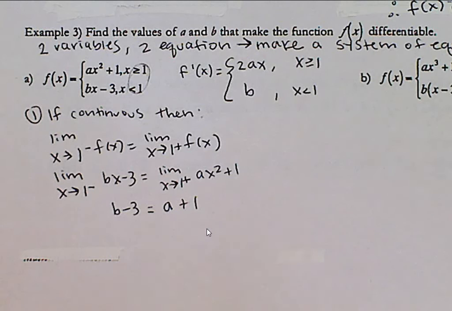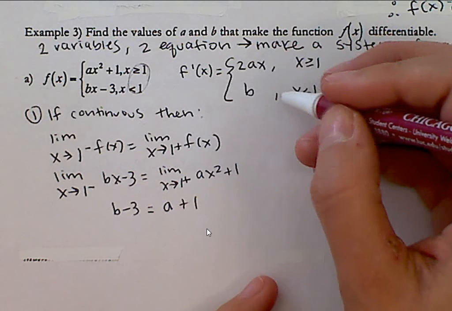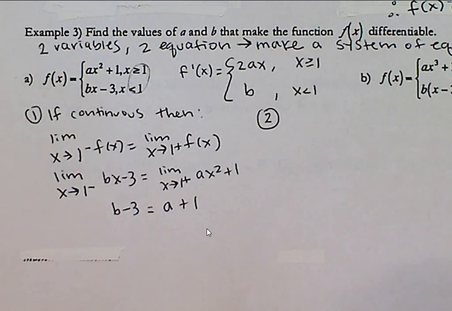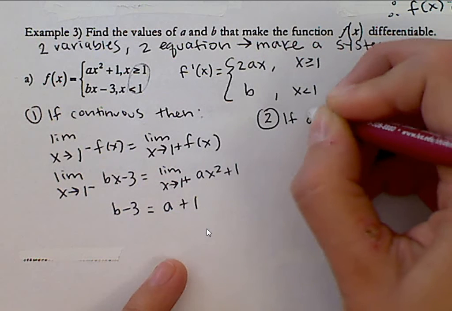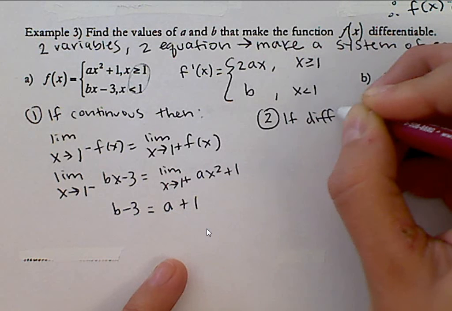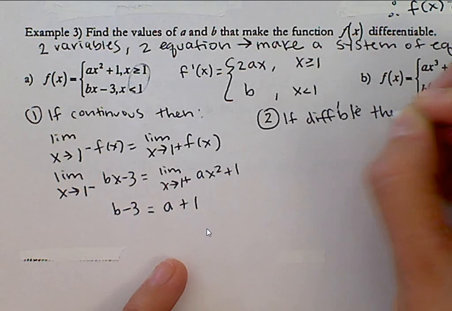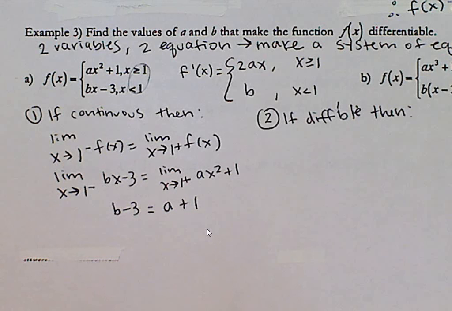So I have this equation with b and a. I need to use my derivative function to come up with my second equation. So if this function is differentiable, I know that the following must be true.